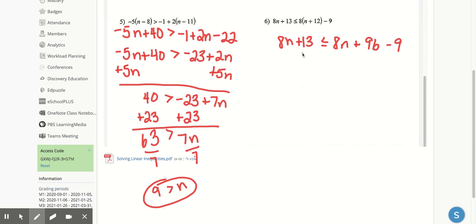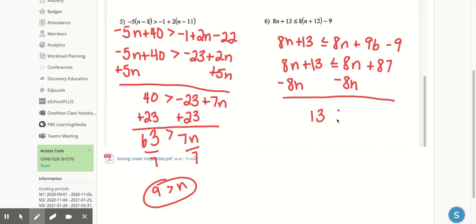So then I can go ahead and combine my like terms on the right. So I have 8n plus 13 on the left is less than or equal to 8n plus 96 minus 9, which will be 87. So then I'm going to go ahead and subtract 8n from both sides.